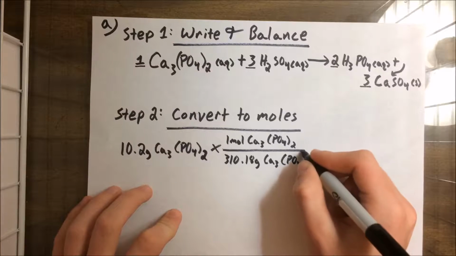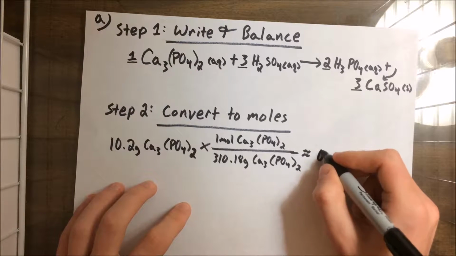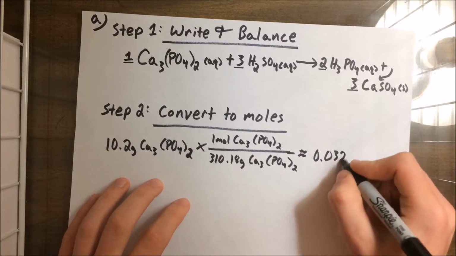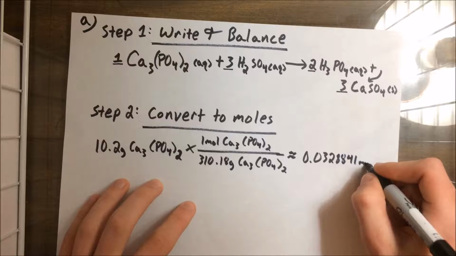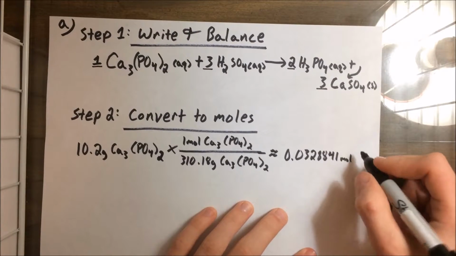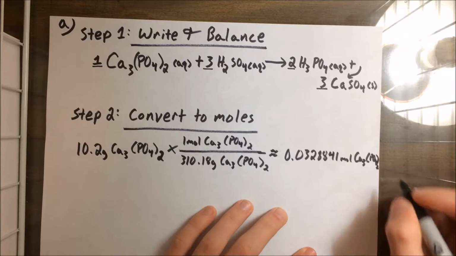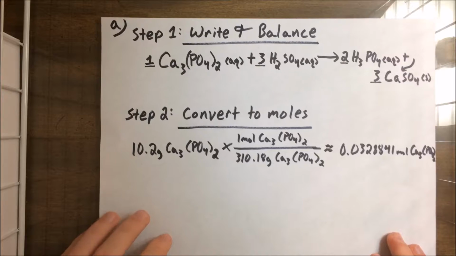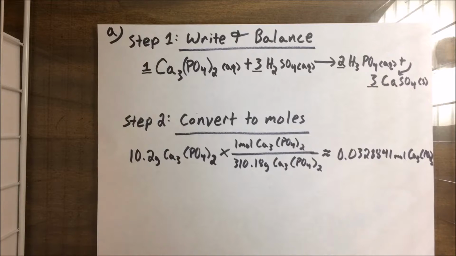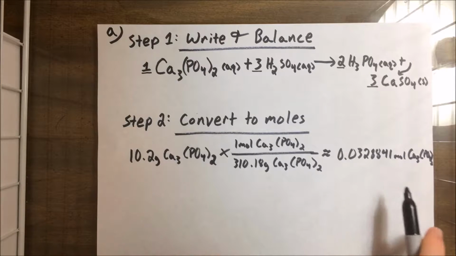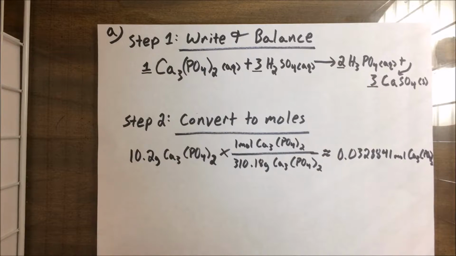That is about equal to 0.0328841 moles of calcium phosphate. I kept so many digits because you need to have the exact number, or as close as you can, until the end, and then you can round.